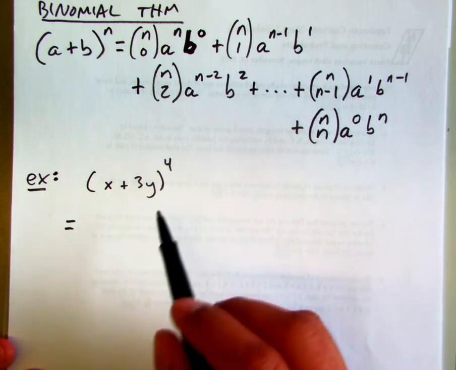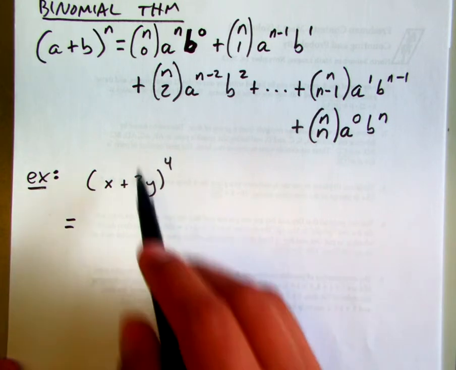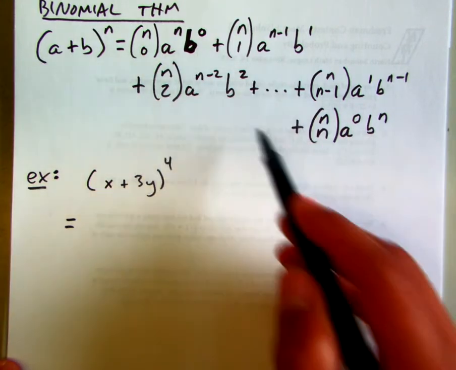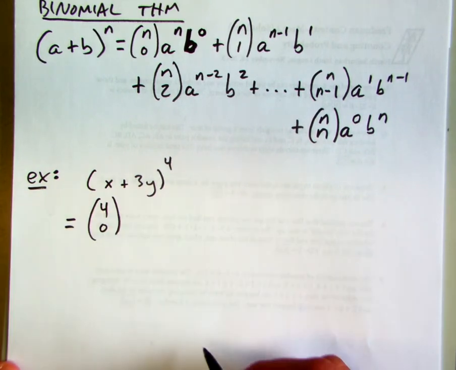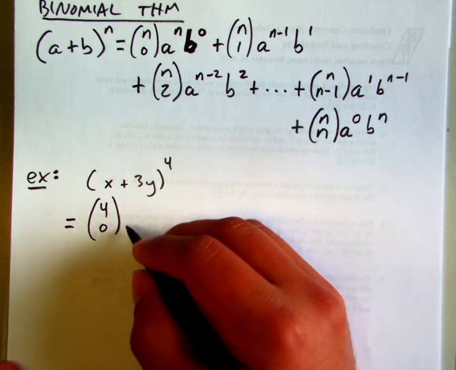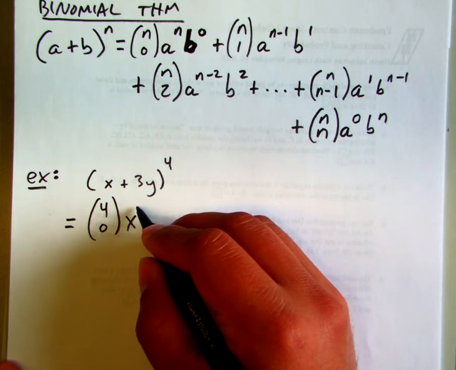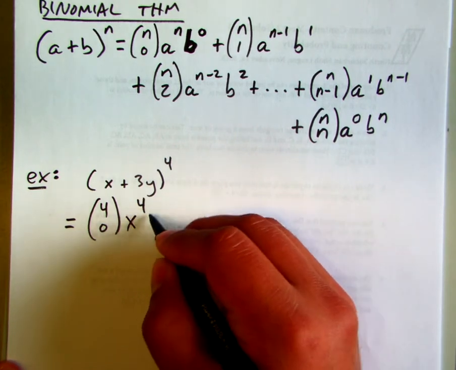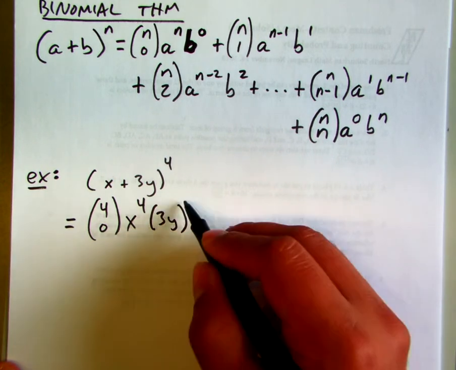You have two options here. You could do the triangle, I'll just keep doing what we're doing. Or, now that we see these patterns, you start at 4, you do 4 choose 0. X to what power? N. Well, what's n? We don't have n anymore. X to the 4. 3y to the 0.